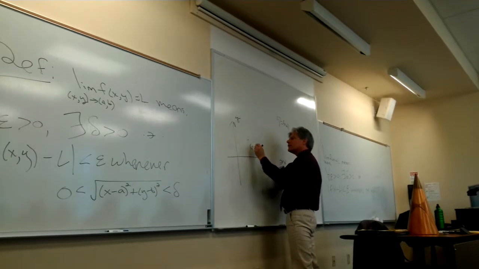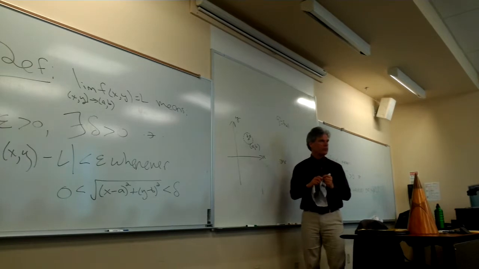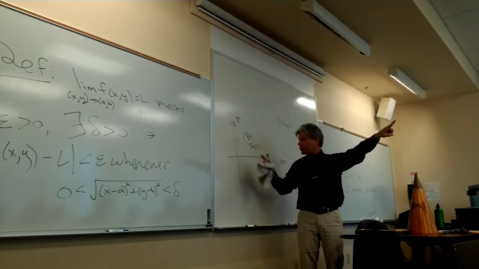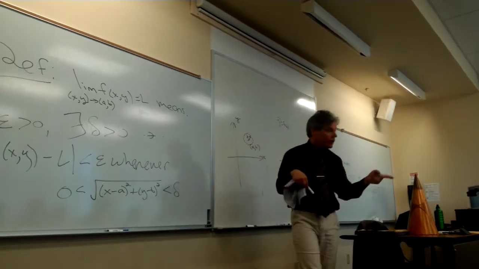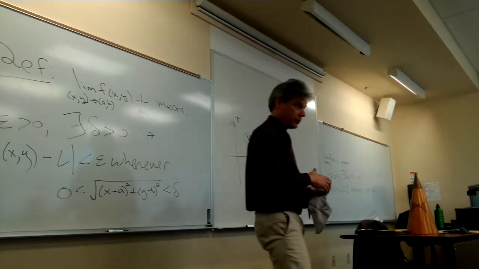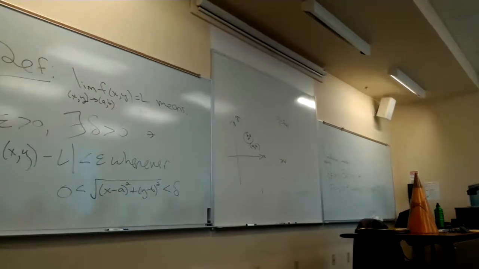I've got some point (a, b) that is fixed. I just maintain that if I deviate from that point by no more than delta units, then the corresponding z value in the surface at any point above this particular disk is going to deviate from L by no more than epsilon units. Oh, so we're taking something that was linear and now we're making it two-dimensional. Absolutely. I'm jumping up one more dimension of space.